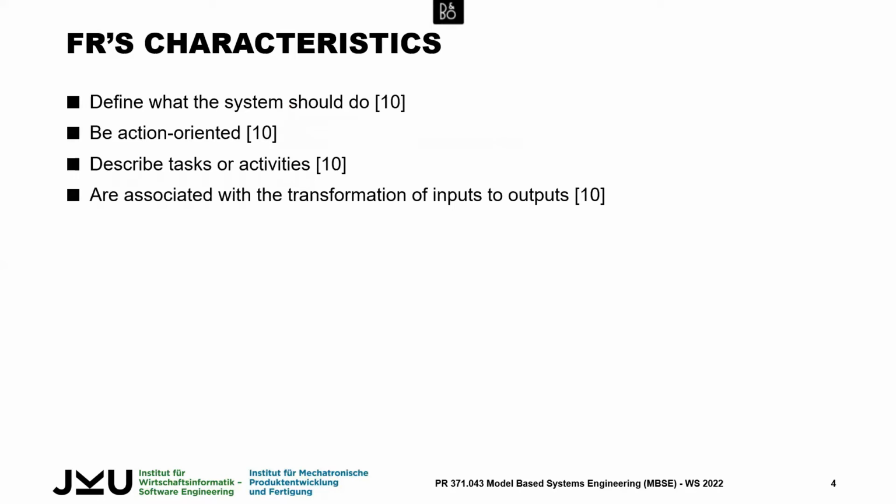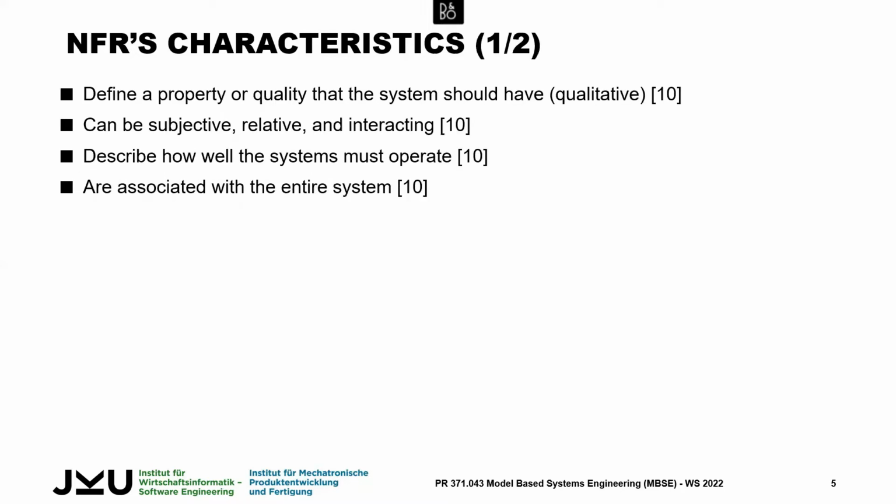Okay. Then functional requirements characteristics: define what the system should do, are action-oriented, describe tasks and activities, and are associated with the transformation of input and output. So these are the characteristics of functional requirements. You will get more idea on that in the next slide. And non-functional requirements are, as I have told you, a qualitative thing.